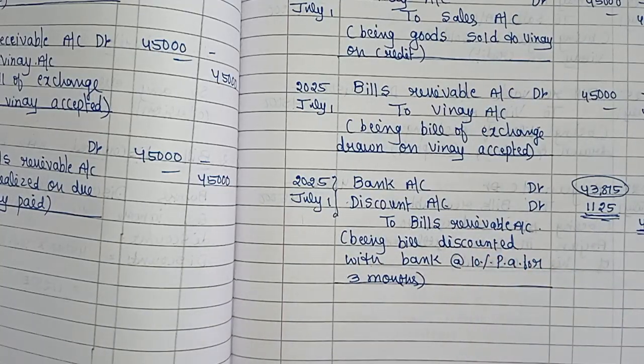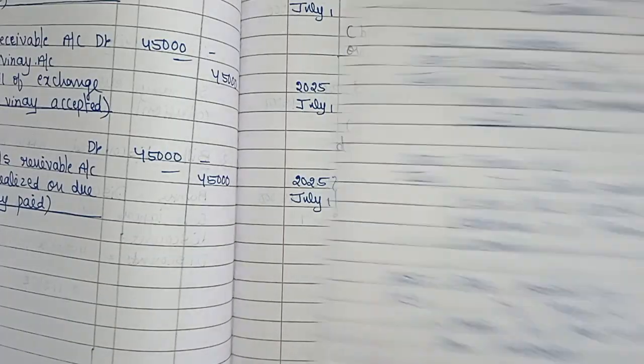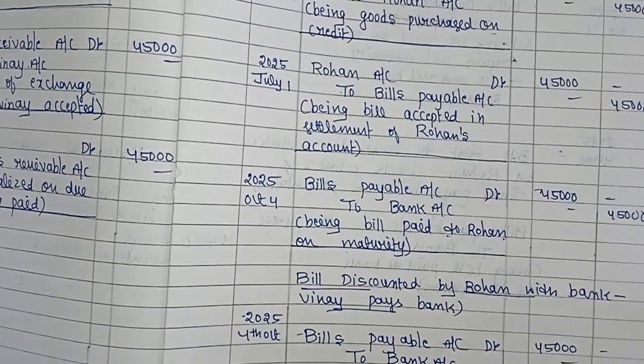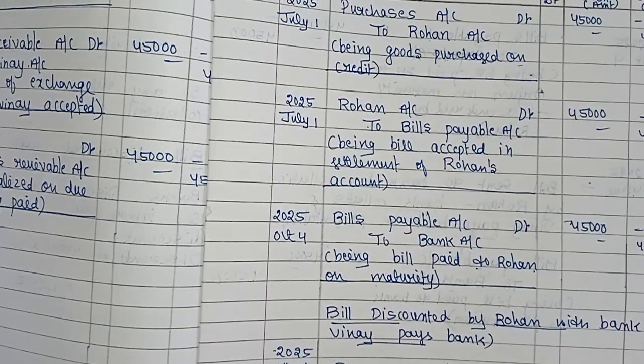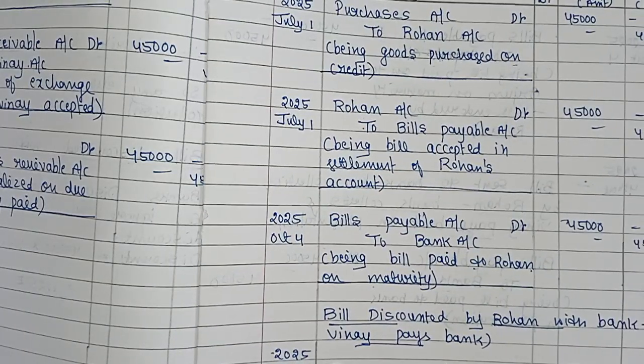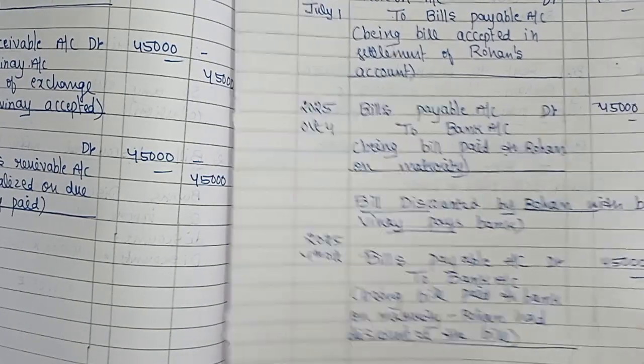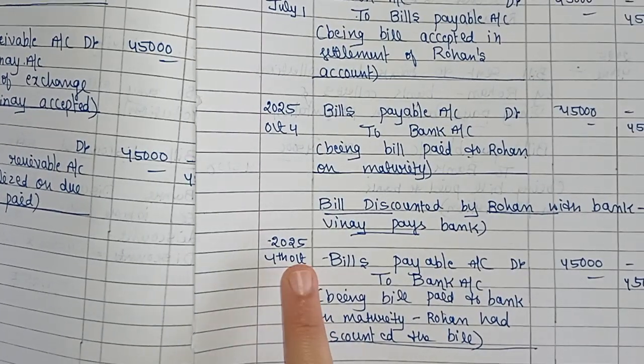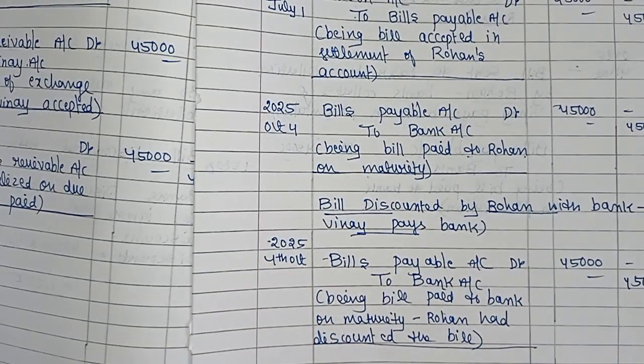So now what is the journal entry in the books of Vinay? See here, bill discounted by Rohan with bank, Vinay pays the bank. Clear? The date is 4th October because Vinay pays the amount on the due date only.